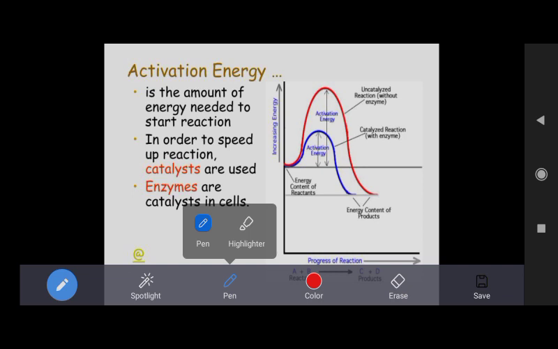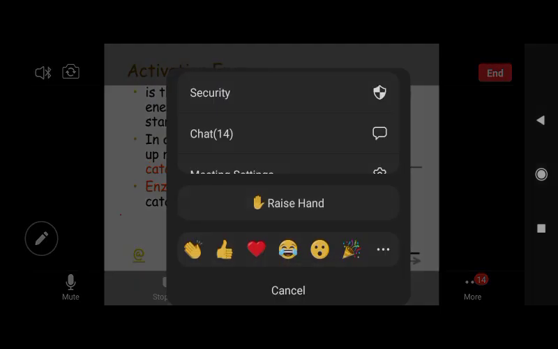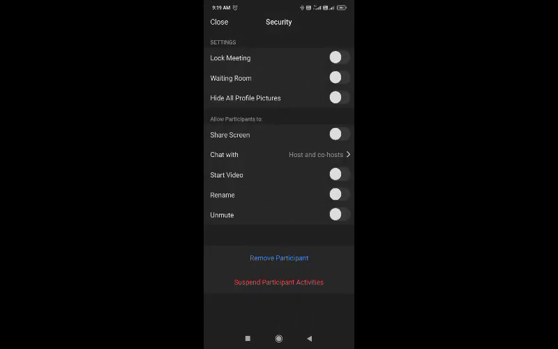On one axis, it is the energy, and on another axis, it is the progress of the chemical reaction. Now, when you are seeing this reaction, you can see the red plotting is the uncatalyzed reaction.